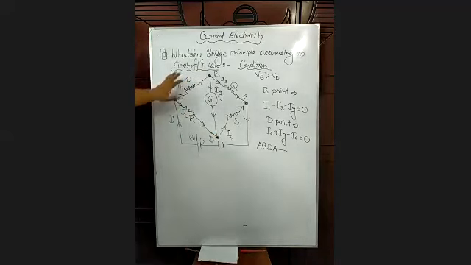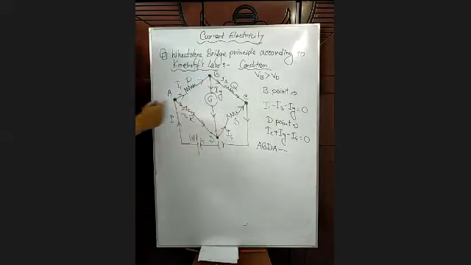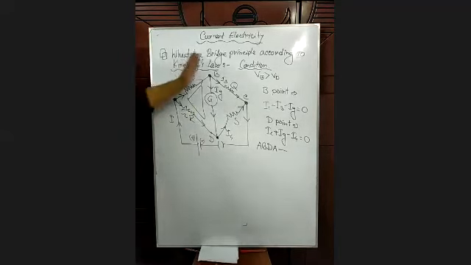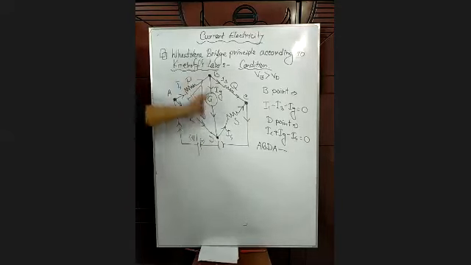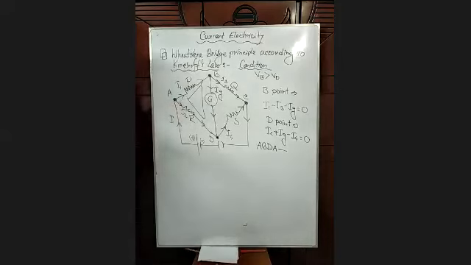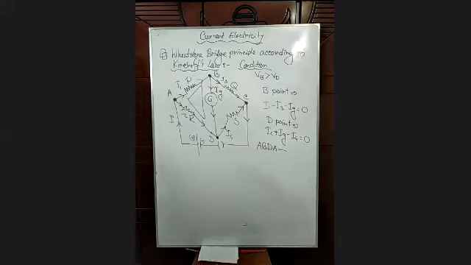And also, if you look at this circuit A, B, D, A, in the total path there is no source, or you can say no battery is connected in this enclosed circuit. So when you find no batteries connected in an enclosed circuit, then there will be no electromotive force. So how can you say it?